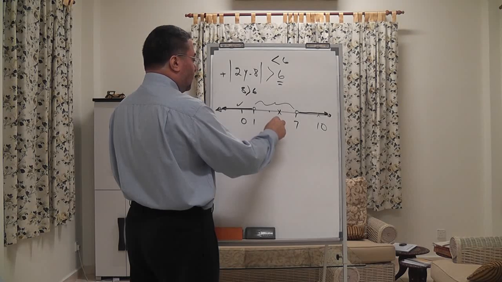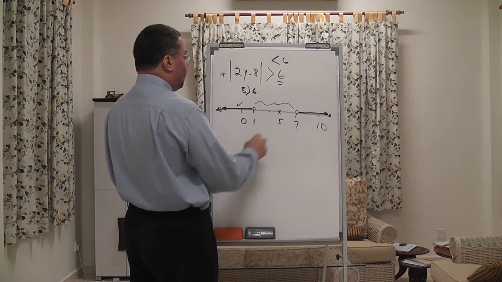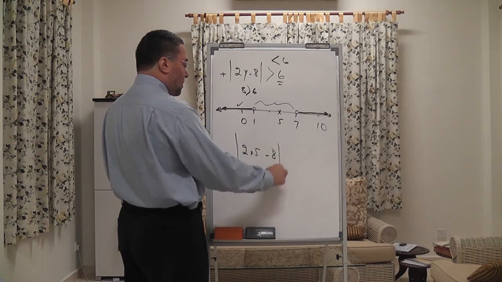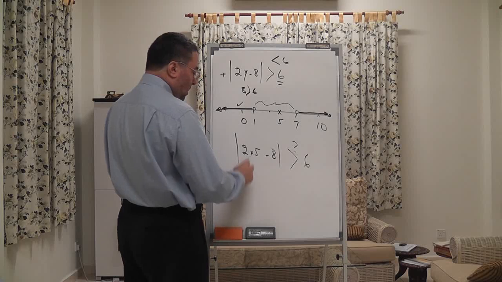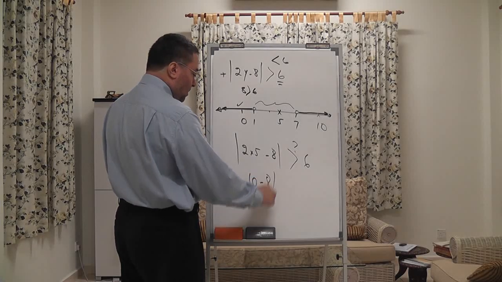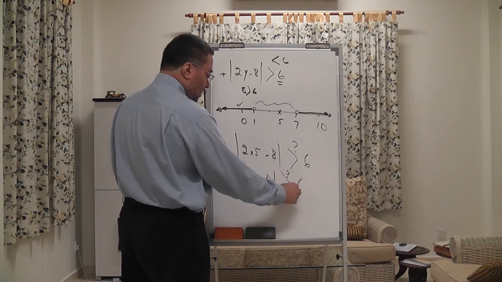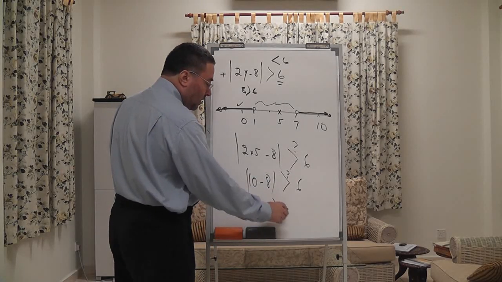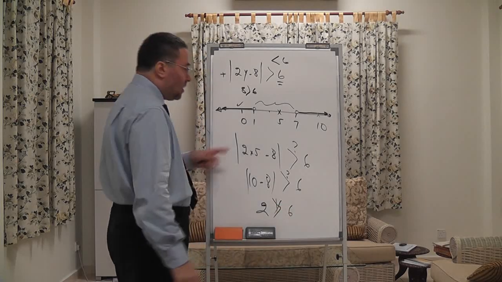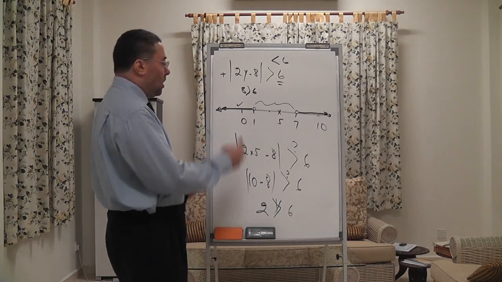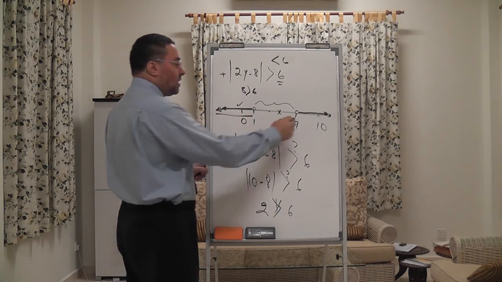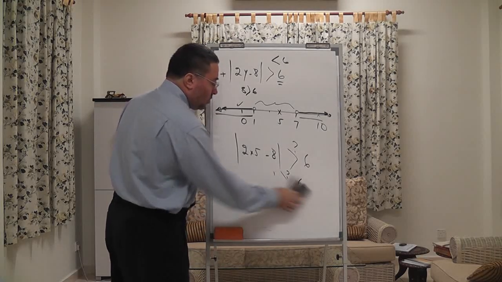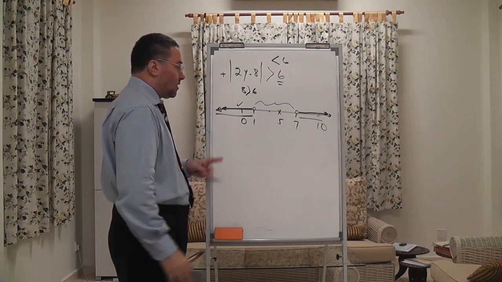An easy value is 5, between 1 and 7. So 2 times 5 minus 8, is it more than 6? We have here 10 minus 8, inside we have 2, comes out as 2, and that's not more than 6. So this value is rejected. So our two sets here and here are correct, and this set is wrong. And so we know that our answer is correct.